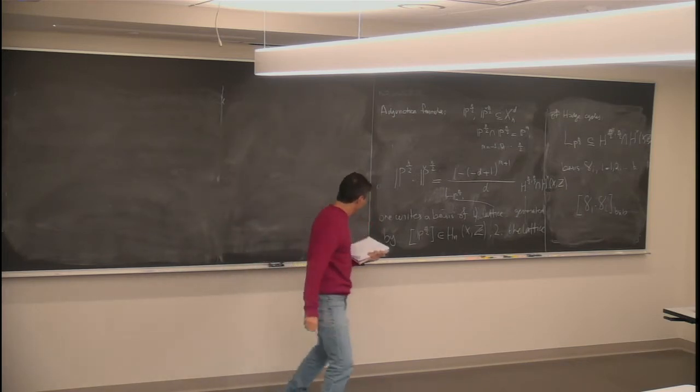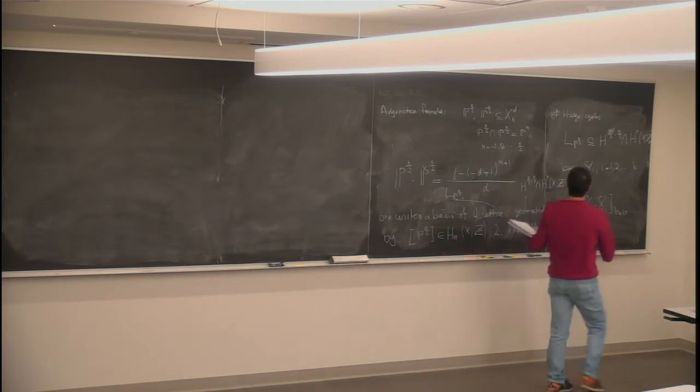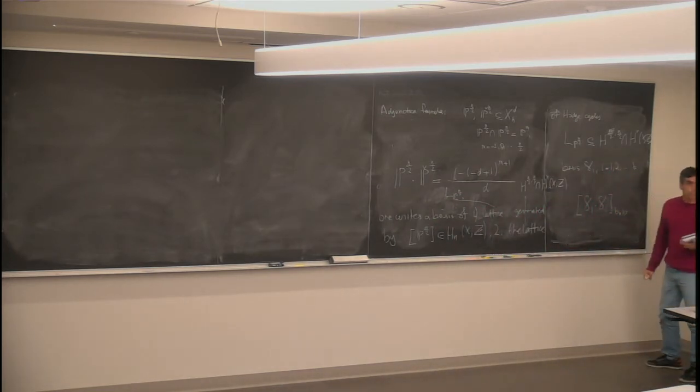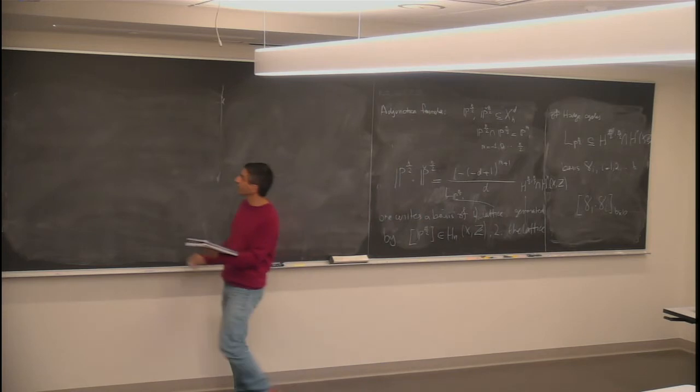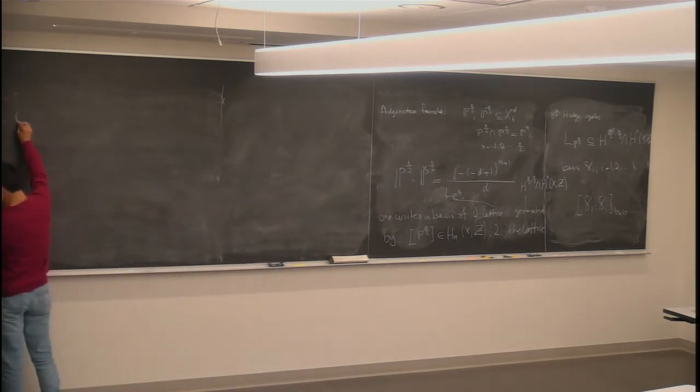Okay, so in order to prove that both lattices are the same, you have to say that they have the same discriminant. This means that they have the same determinant. Maybe I write just two examples of the determinant or discriminant.